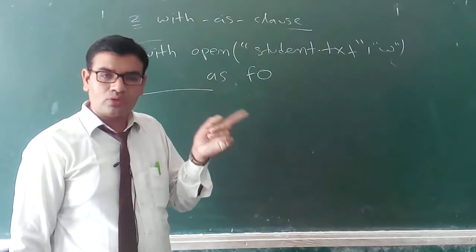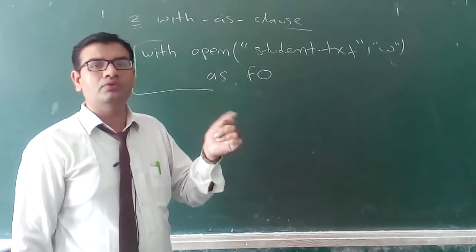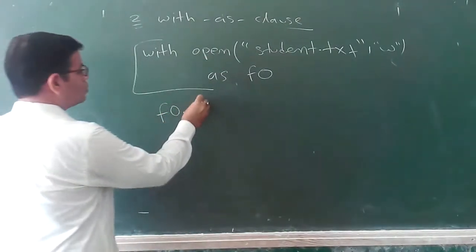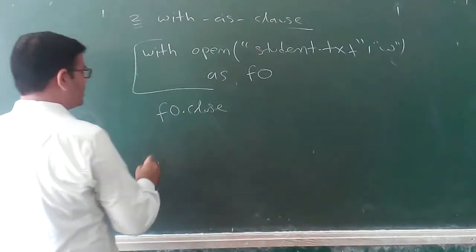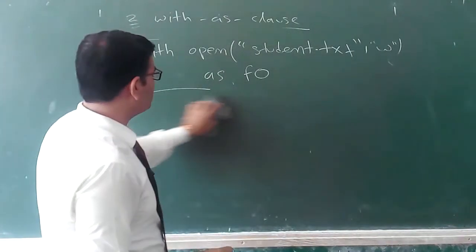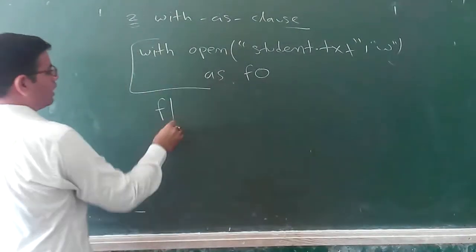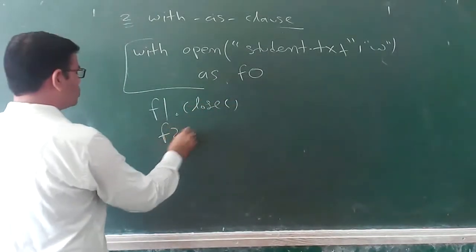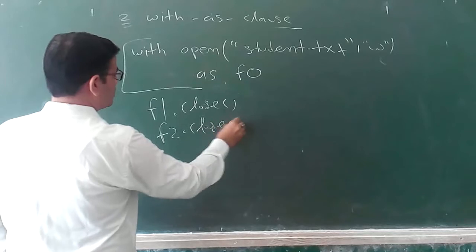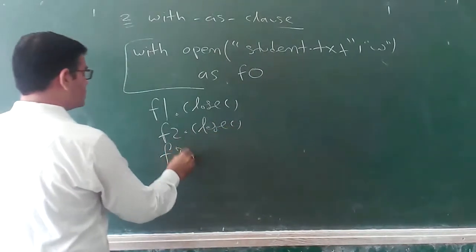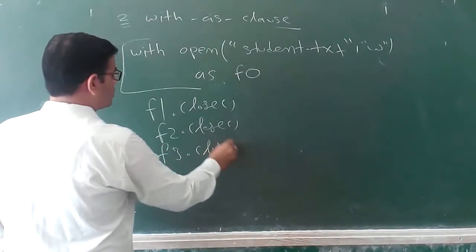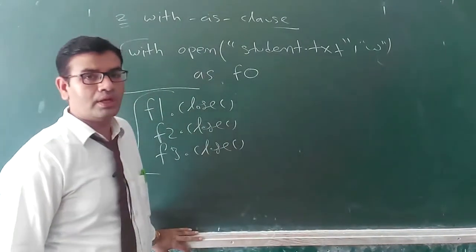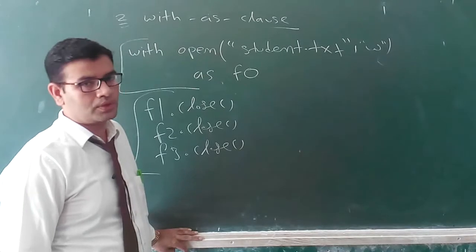But according to the first method, we have to write file object close manually. If you have opened 40 files, then f1.close, f2.close, and in this way we have to write 40 lines of programming code for the closing operation.